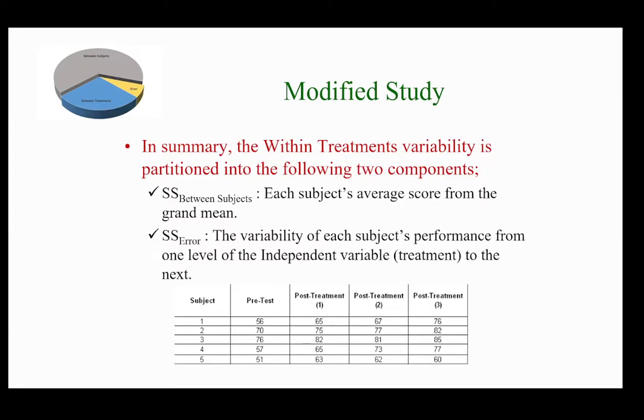I've got my between treatments, which is the one where I want that variability to be fairly large. I then have my 2 within treatments: my sum of squares between subjects, everyone's baseline, wash that out, and then my true error, the random noise. And then the final variance source is the total, right? So I've got between treatments, between subjects, error, total sums of squares. So I've got that row added to my source table.